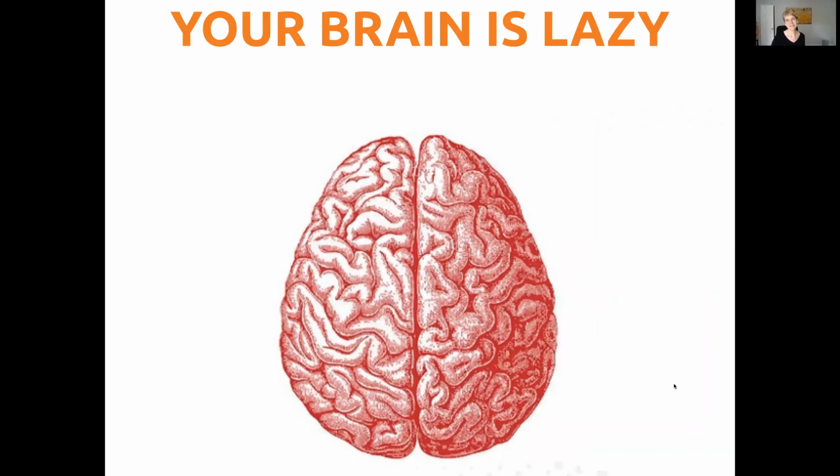So your brain is lazy, and that's okay, but it's a good thing to remember. If it takes a lot of work for your brain to understand something, it's going to try to come to the easiest possible conclusion, which is not always the most accurate conclusion. Daniel Kahneman has a great book, if you're interested in how your brain works, called Thinking, Fast and Slow.